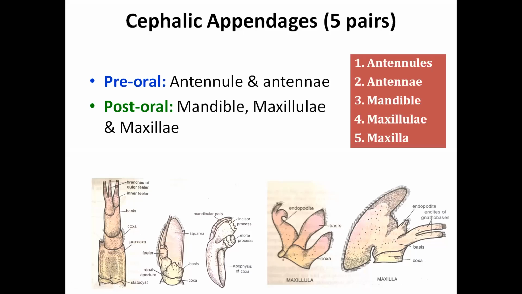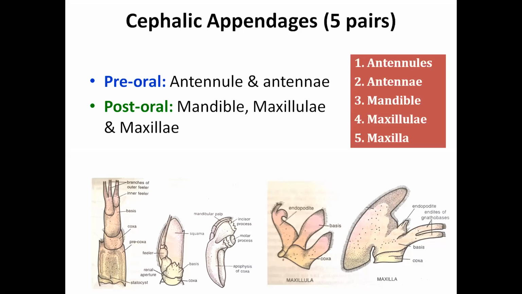Then the mandible, you see, this is the mandible. Here you can see the molar process and incisor process. So basically its function is to... if any appendage has the molar and incisor process, then what will be the function of this appendage?